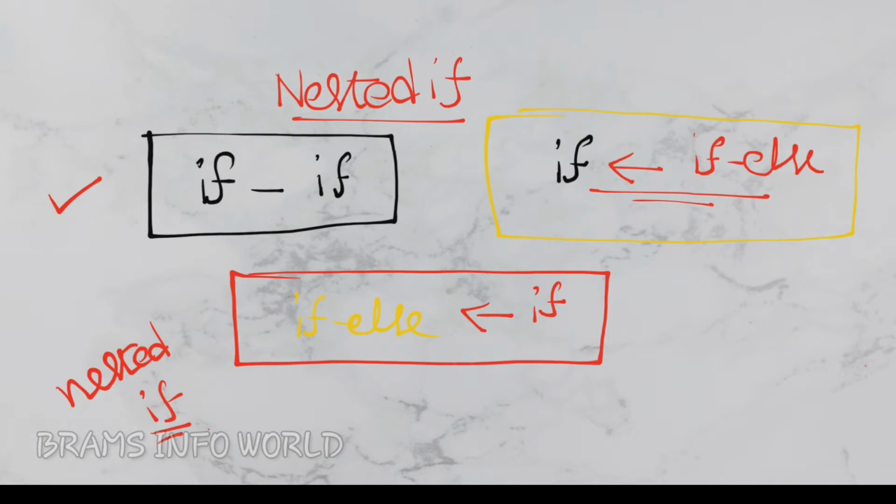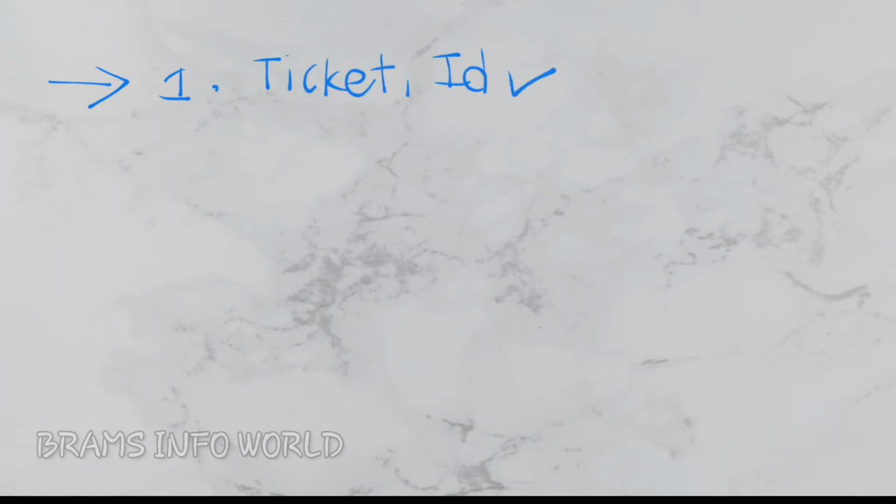Okay, so let us verify the syntax, followed by the workflow and examples. Let's take one real-time example. Are you going to some city by flight? There are two kinds of checking. The first checking is your ticket as well as your ID proof; both are verified the first time.